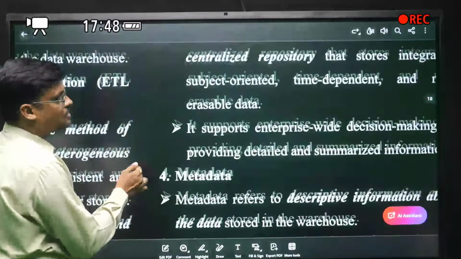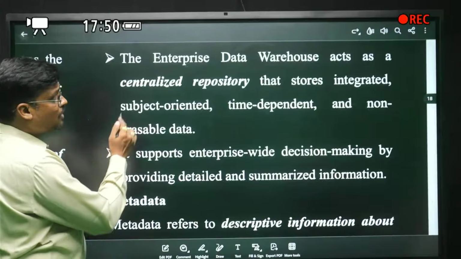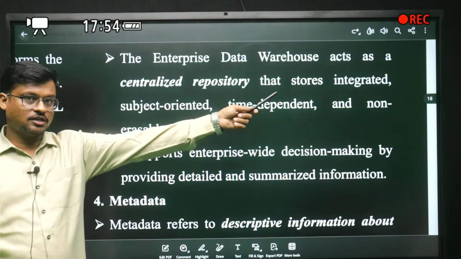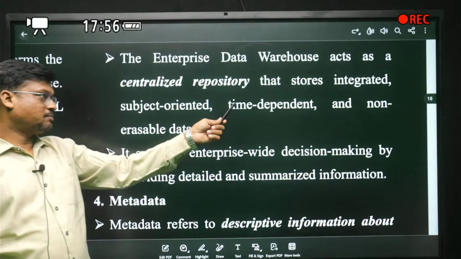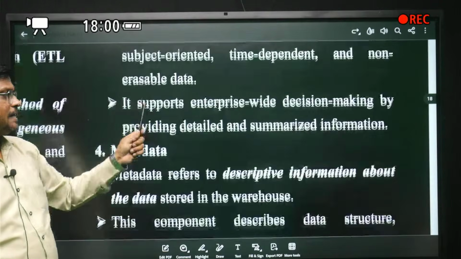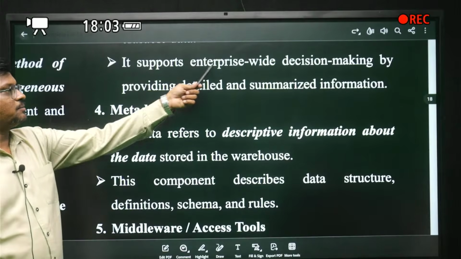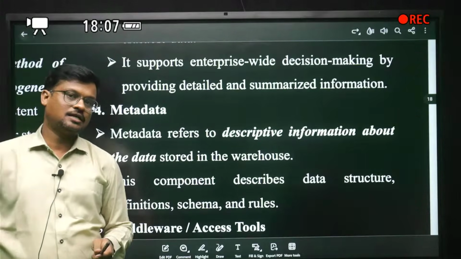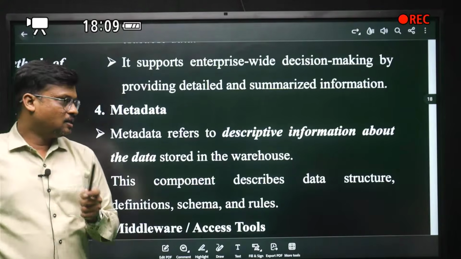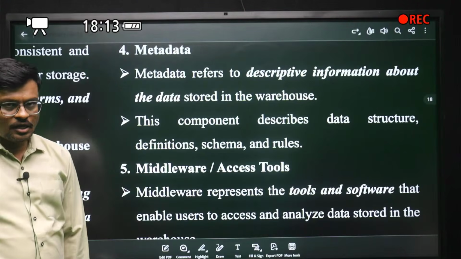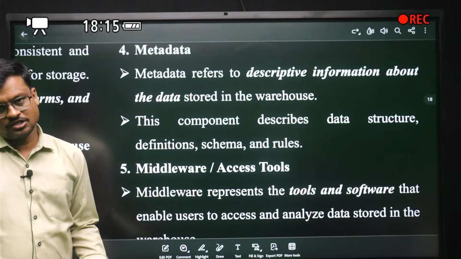Now you make it enterprise data. The enterprise data warehouse acts as a centralized repository that stores integrated, subject-oriented, time-dependent, and non-erasable or non-volatile data. It supports enterprise-wide decision-making by providing detailed and summarized information. And the fourth one is metadata. It is the descriptive information about the data, like the index of a textbook.